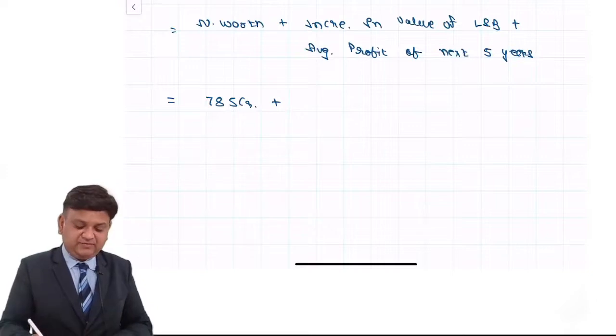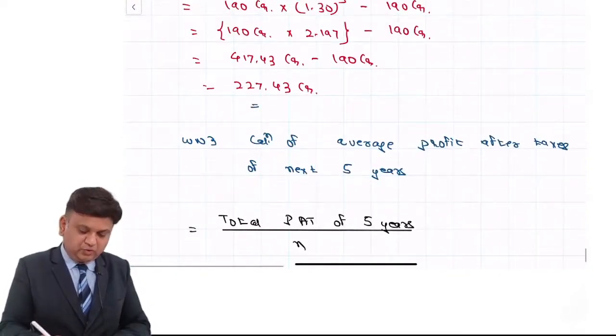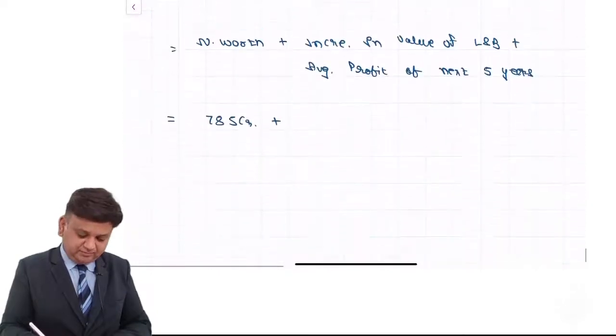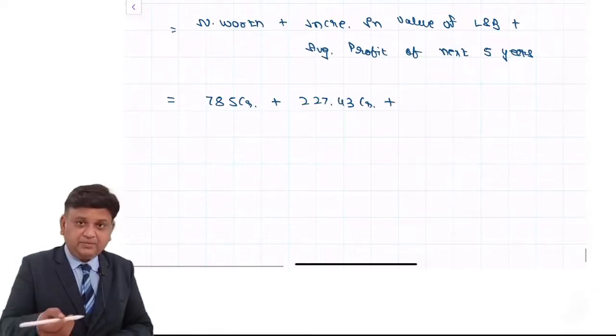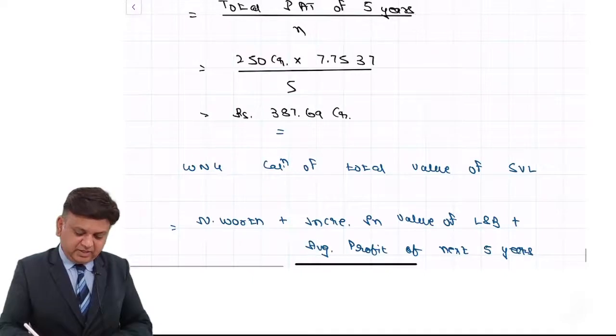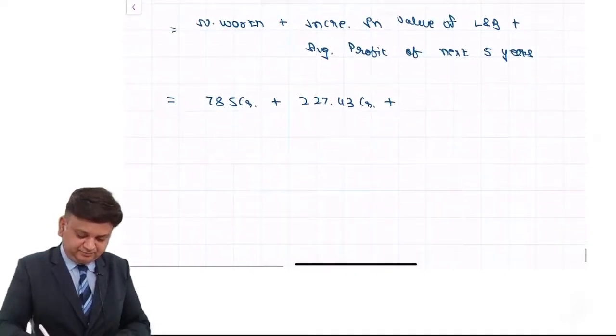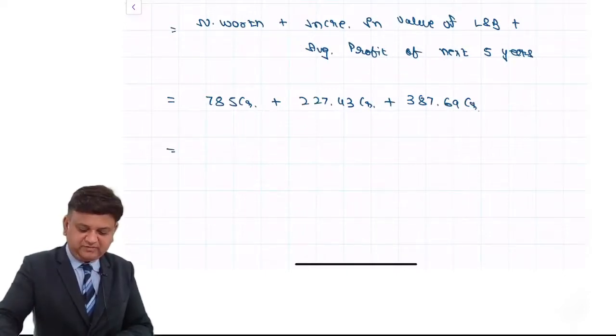Plus increase in the value of the land and building, 227.43 crore. Plus average profit for the next 5 years, 387.69 crore. So 785 plus 227.43 plus 387.69.